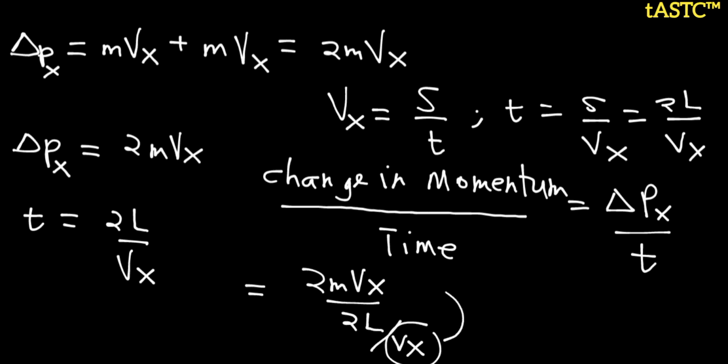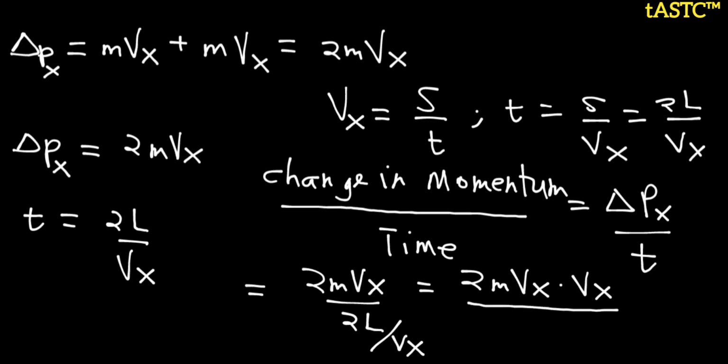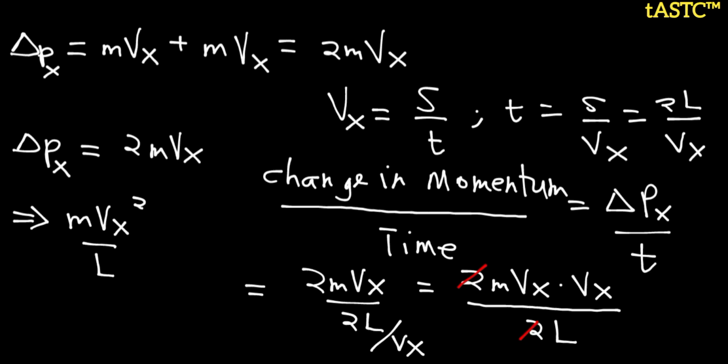Now we know this is going to go to the other side. So this will become 2m multiplied by another v sub x, and then you're going to have a 2L here. So we know this 2 is going to cancel out. So that would give us mvx squared, and that is divided by L. Bear in mind, this is the change in the momentum with respect to time.